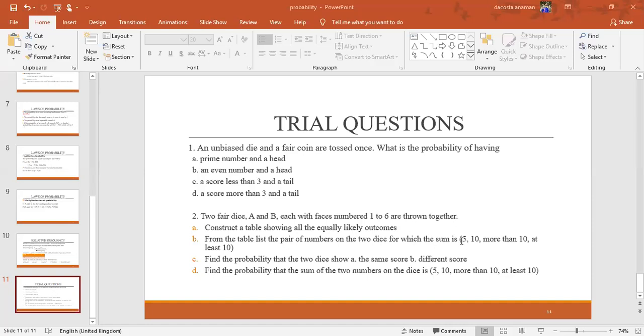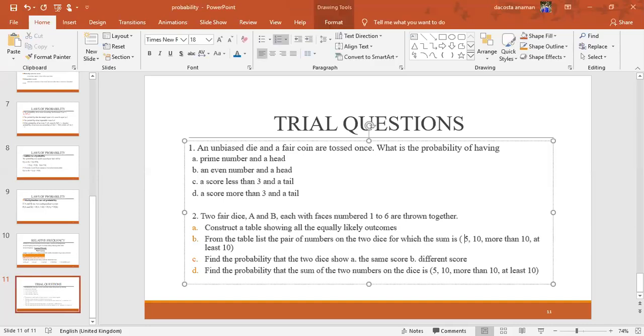I is 5. II is 10. III is more than 10. IV is at least 10.